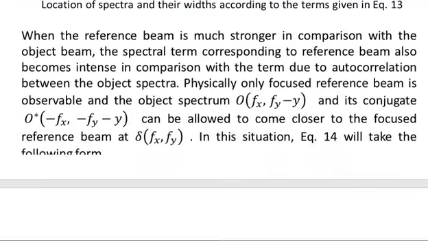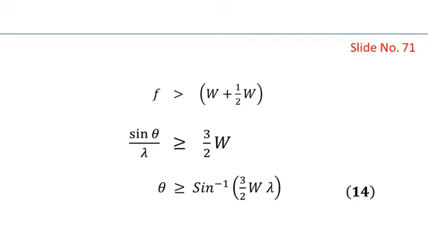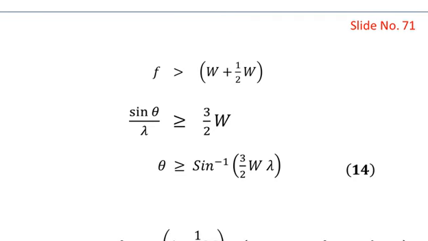So you see that from this equation it is clear that f should be greater than w plus half w, so that the two terms are just separated from each other. So this is what we have written, that is, f should be greater than w plus half w. And you know that f is the spatial frequency of the fringes, which is sin theta over lambda, should be greater than or equal to 3 by 2 w, because w plus half w is equal to 3 by 2 w.